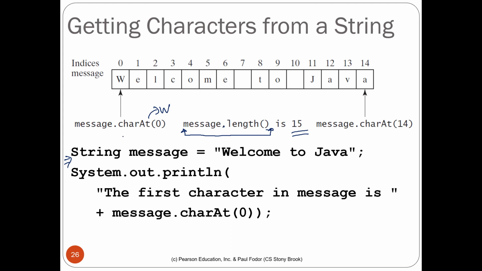Then charAt is a method which helps us access one character from our string, and we should know its index. Without the index, it may not work. We are just printing the first character, so the output should be a W. Good, so it was a simple slide.